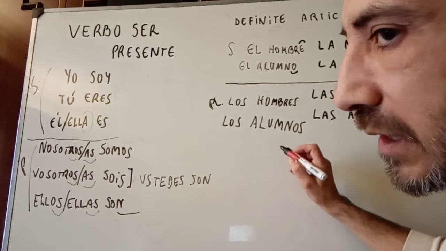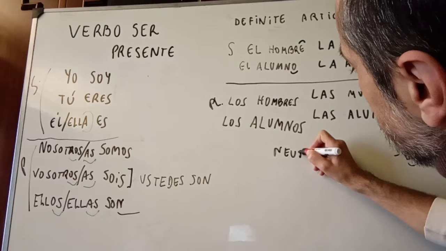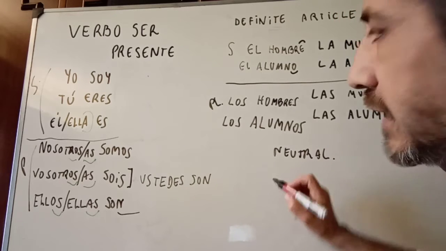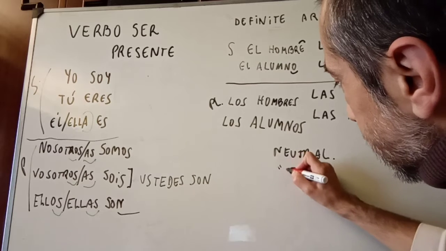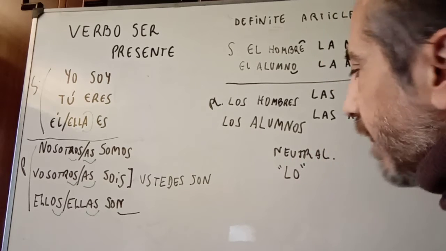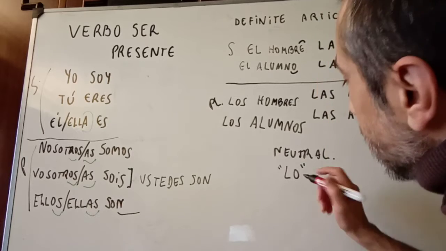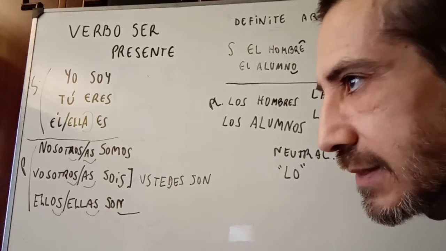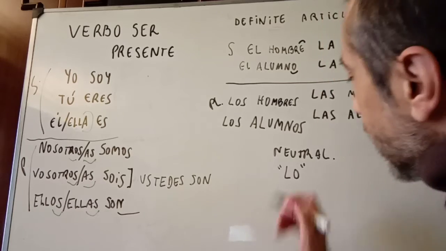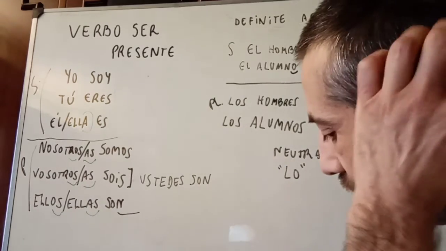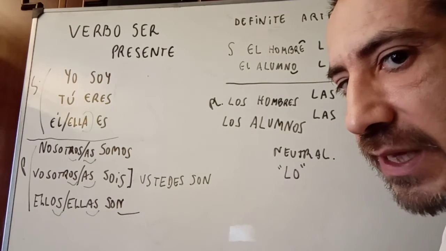And finally the neutral article. This is neutral. It only takes a singular form, and it's lo. It has a peculiarity in Spanish, because the only case in which we use it, and we use it a lot, is when we turn an adjective into a noun.